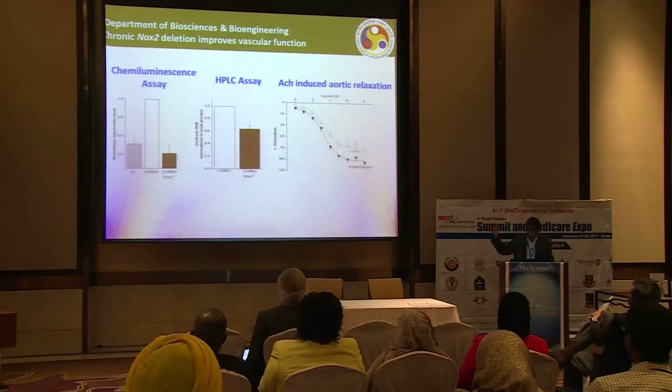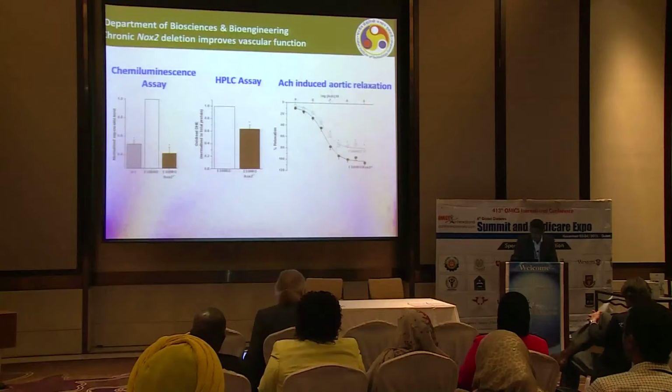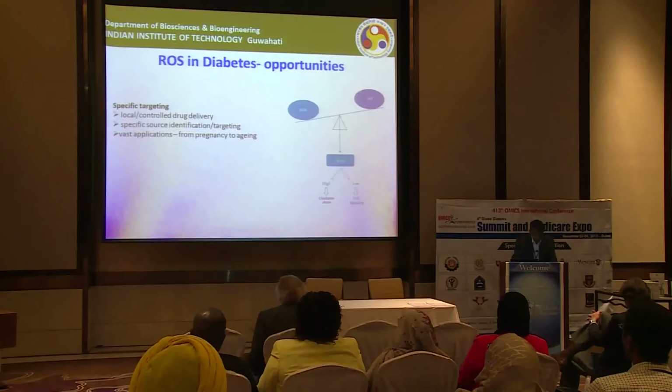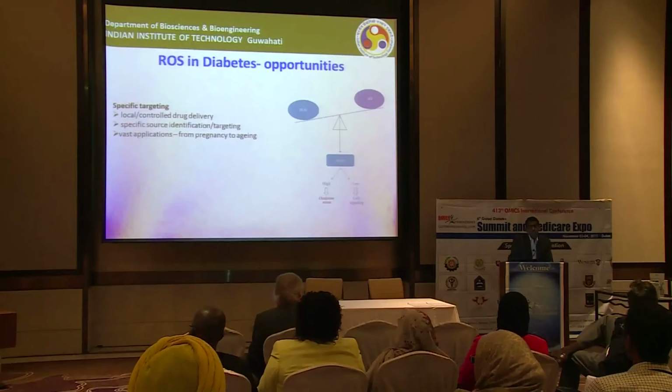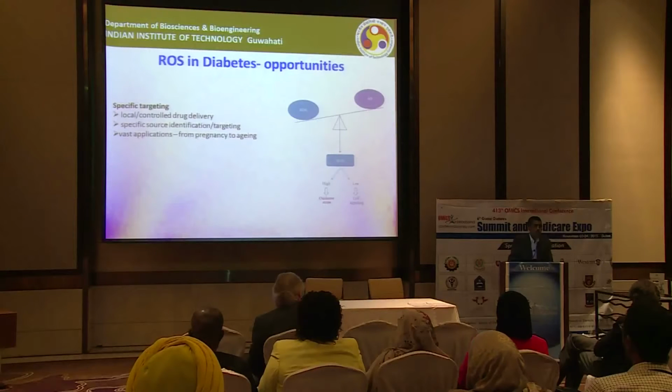As the first two figures show, superoxide production was significantly reduced when we knocked down the NOX2 enzyme totally, and the vascular function was significantly improved. So what we have shown is that the NOX2 enzyme is a culprit in endothelial dysfunction in patients with type 2 diabetes. By targeted therapy against NOX2, we can improve vascular function.